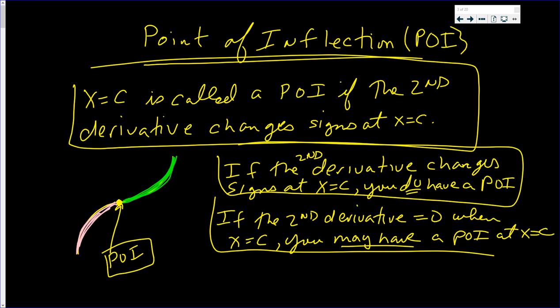And you will not have a point of inflection when the second derivative is not 0. So, if you have the second derivative equal to 0 at X equals C, you need to go and see if you have a sign change.